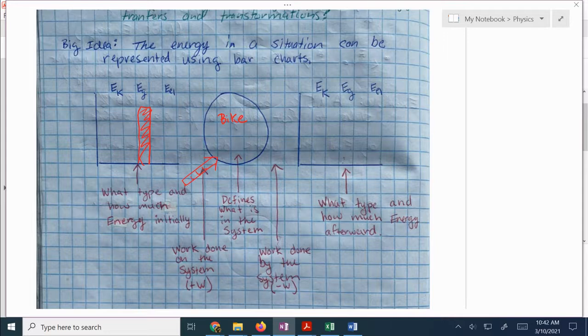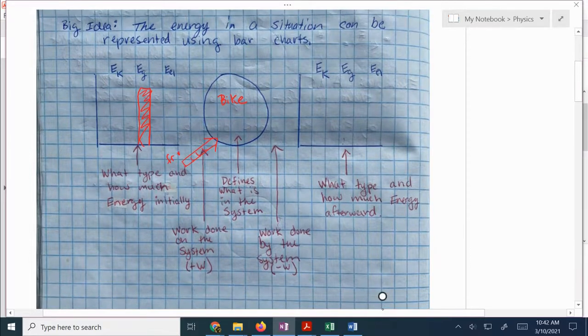In this case, I'm not including the person in there. The reason is, let's say the person starts pedaling the bicycle. I could say this energy that's being added is from the rider. So that would be energy from outside the system, the rider, that's being added to our system, the bike.